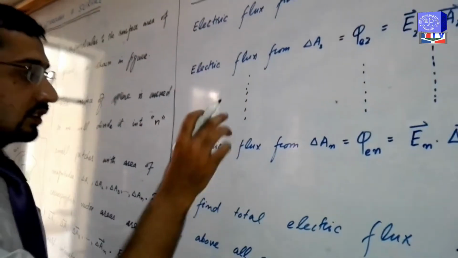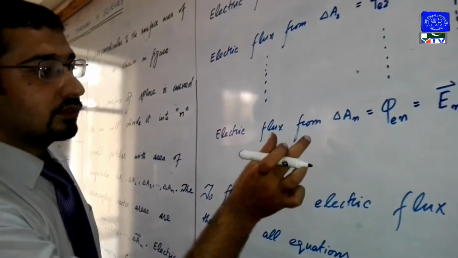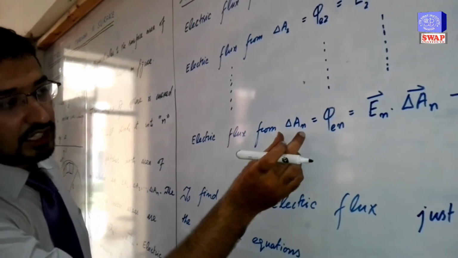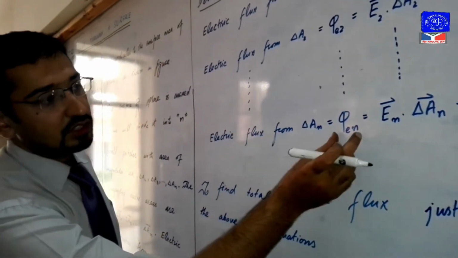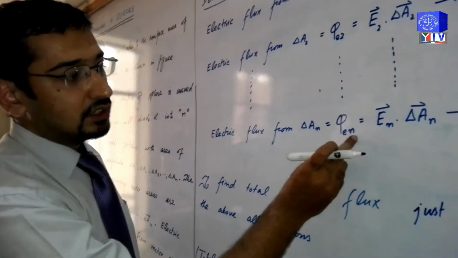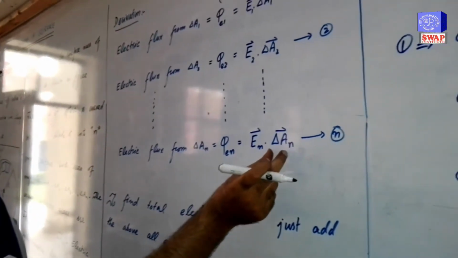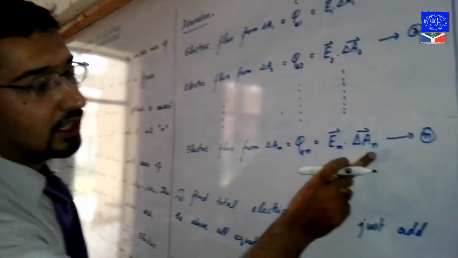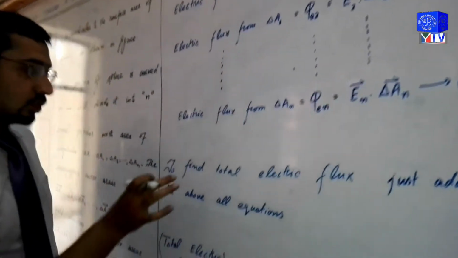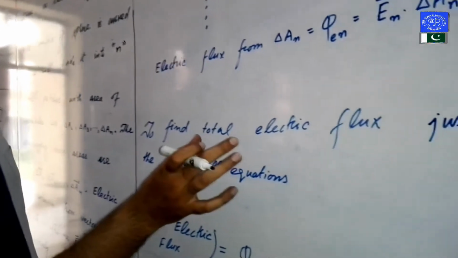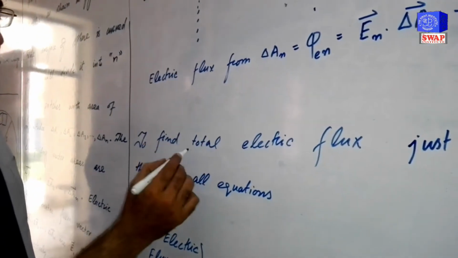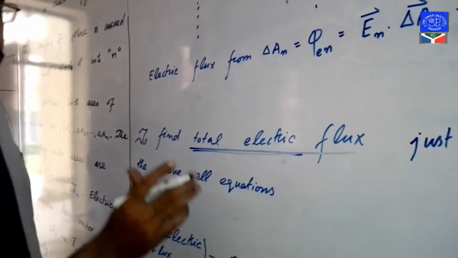Similarly, the electric flux from delta An, the nth patch, that is phi En, is equal to En dot product with vector area delta An.